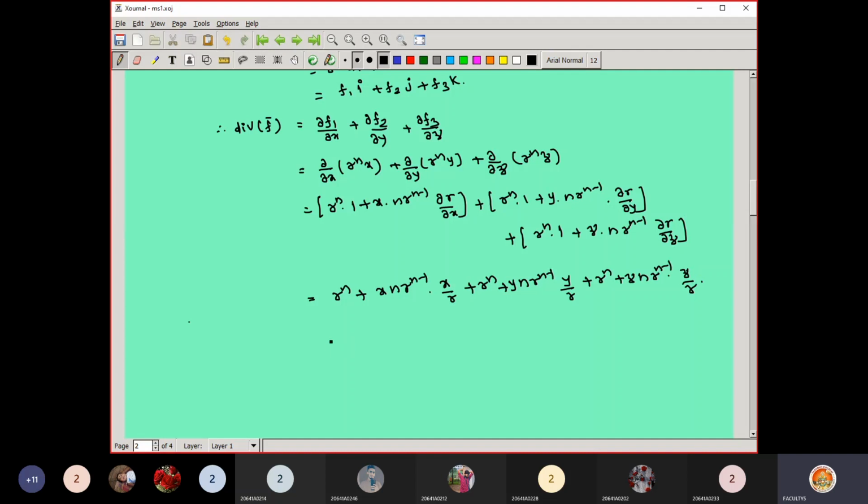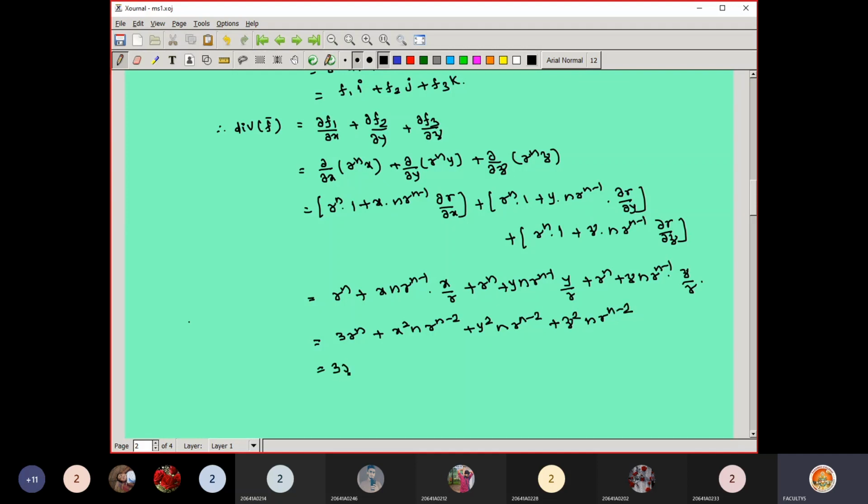Substituting, you can write 3 r to the power of n, and in the simplification x square n, with the denominator r taken to the numerator, becomes r power n minus 2. Similarly the next is y square n r power n minus 2 plus z square n r power n minus 2.